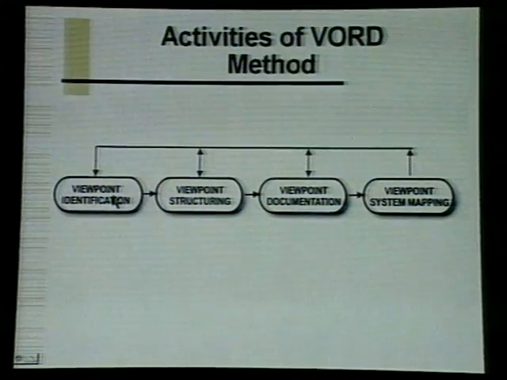Now, the first phase, which is viewpoint identification, is quite a complicated process where you have to identify each viewpoint, not only looking at the viewpoints themselves, but what type of services they will need, what type of non-functional requirements will be required by them. We have to identify each one of them. The question is how it is done.